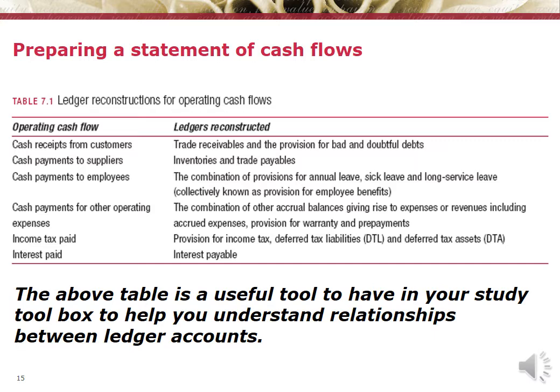Not all questions do contain deferred taxes though. And then last we've got interest paid, and straightforward with that account as well. But all those accounts, unless stated otherwise, would go in the operating activities statement.